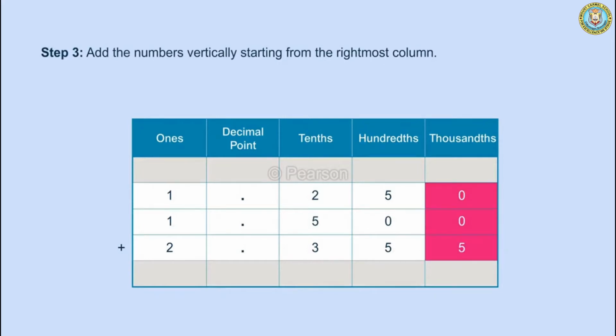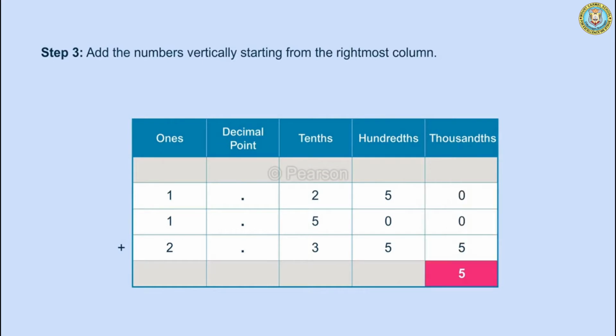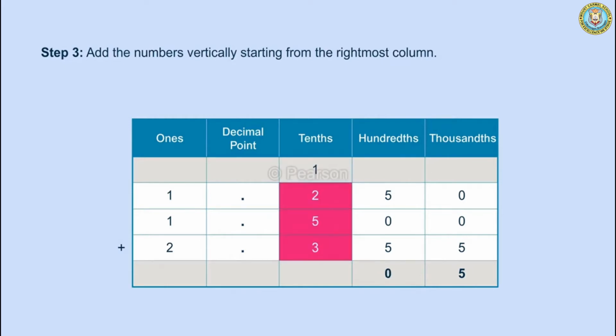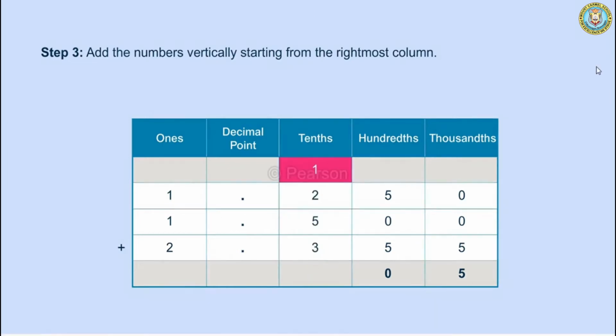Add the digits in the third decimal place, we get 5. Write 5 in the answer row. Add the digits in the second decimal place. We get 10. In order to regroup, we write 0 in the answer row and carry over the 1 on top of the row on the left. Now, add the digits in the first decimal place and the carried over 1. We get 11.